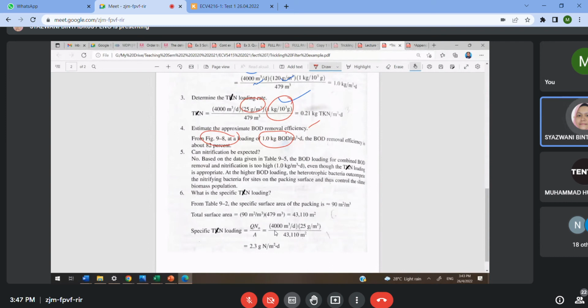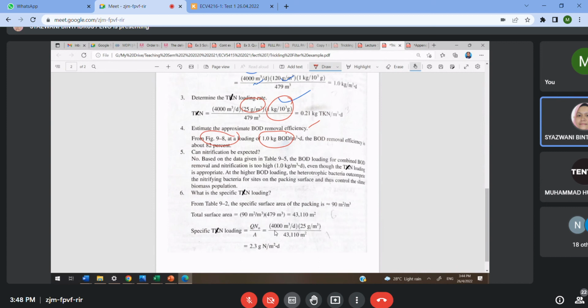So whenever nitrification occurs, it has to be complemented with another process known as denitrification. Denitrification is the removal of nitrogen from nitrate to nitrogen gas. We shall discuss nitrification and denitrification in detail after the semester break.